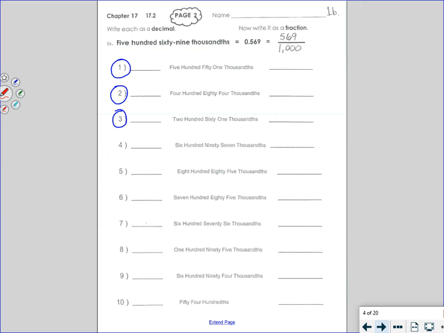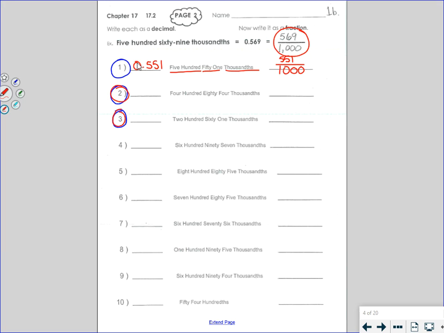So our decimal is going to be 0.551. And now it's the same thing as this. We break it down, right? We have 551 over 1,000, because that tells us what our denominator is going to be. 551 over 1,000.